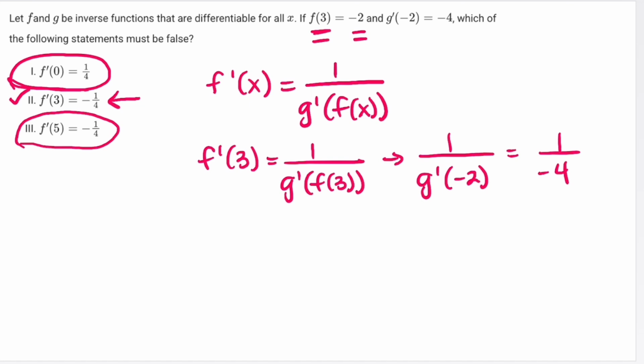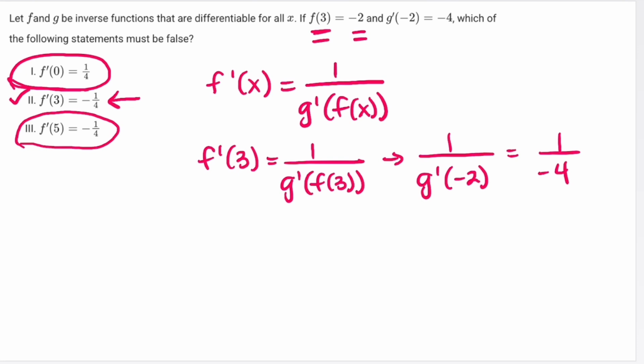Then, if both of the functions are differentiable anywhere, then neither of the functions can ever have a derivative that is equal to 0. Okay, and the reason that can never happen is because the derivative of an inverse function is the reciprocal, and that would put 0 on the bottom.